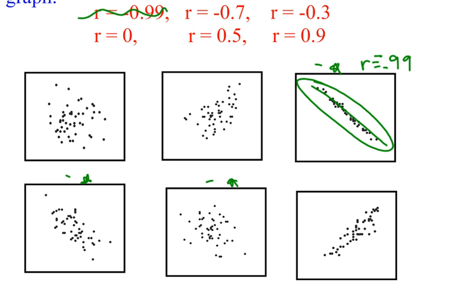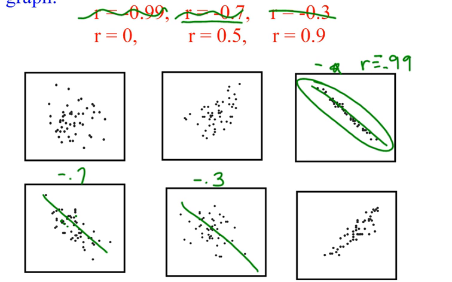Between the two other ones, it's either this one or this one. These dots are closer, so that's my next strongest, negative 0.7. And my last negative one would be negative 0.3. So I've taken care of all of my negatives.